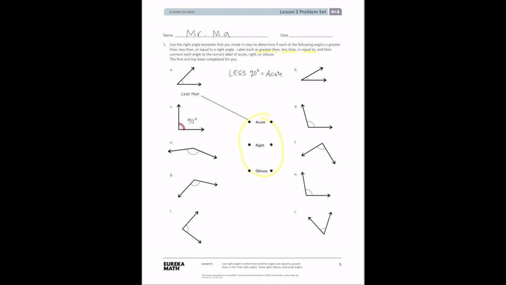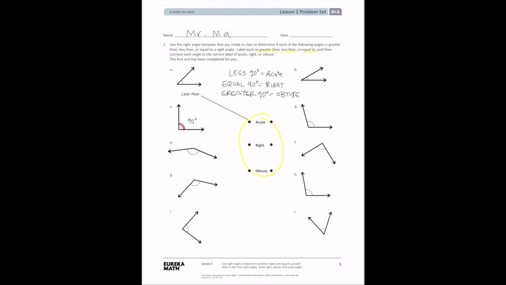Okay, and then equal to 90 degrees is a right angle. And then lastly, obtuse is greater than 90 degrees, which we call an obtuse angle. Okay, so we have those three types.